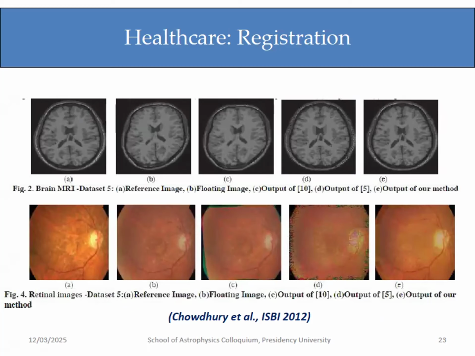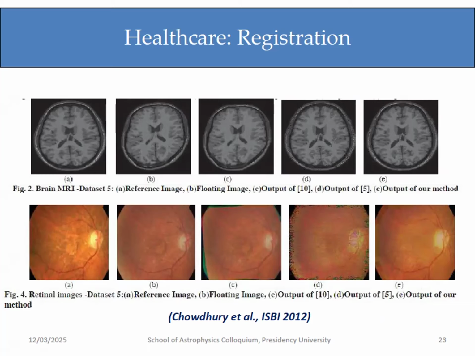These are retinal data sets. This was one of the works we did with the University of Louisville some time back. Here the goal is to register the floating image with the anatomical reference image. Whenever you need to make some medical or biological inference, you need to make sure that the difference is not due to imaging conditions.